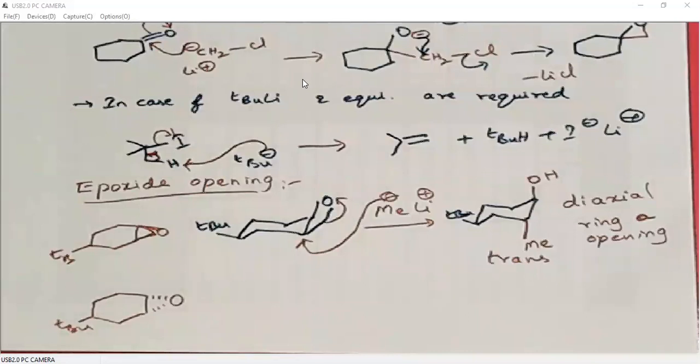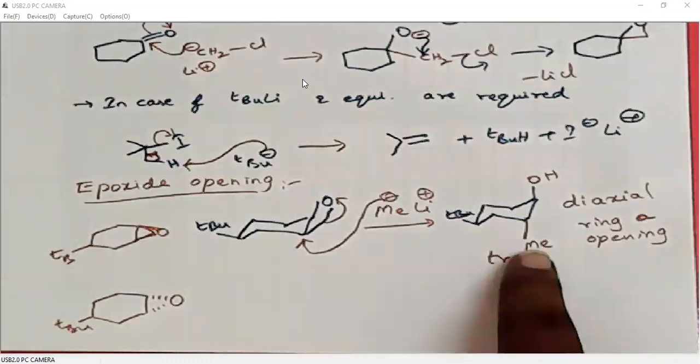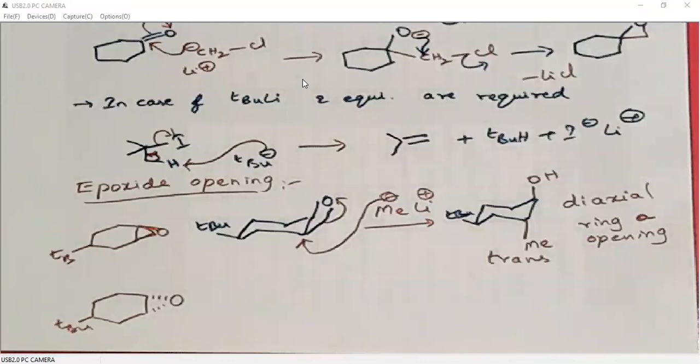But on a six-membered ring, if an epoxide is there, it must be opened so that the product is diaxial. Of course, you can write it in a planar form, right? So OH will be above the plane, methyl will be below the plane. Similarly, we can explain this one also.